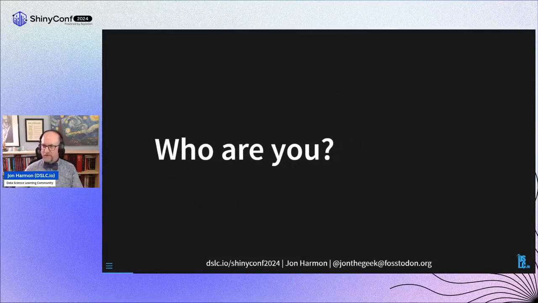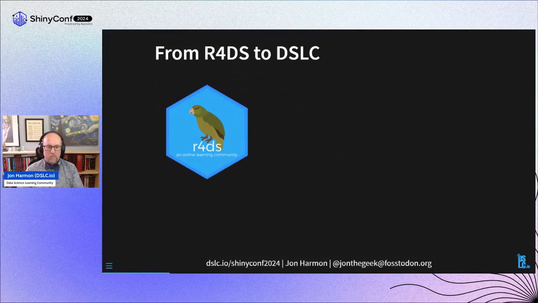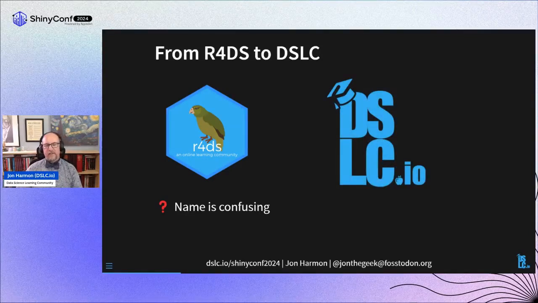So the first question you probably have is, who are you? You may know us as R4DS, or the R4DS Online Learning Community. We started as a book club for that one book back in 2017, but we've never been affiliated with that book, and we cover a lot more than just one book and just beginning R. As of 2 weeks ago, we are now the Data Science Learning Community.